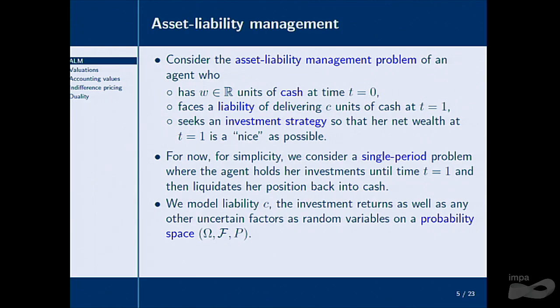Like I said, the problem is to find the investment strategy, or in this case, just the portfolio to be held over this period. And all the random variables, so the investment returns, the claim C that the agent is liable for paying, everything will be modeled as random variables in some fixed probability space.